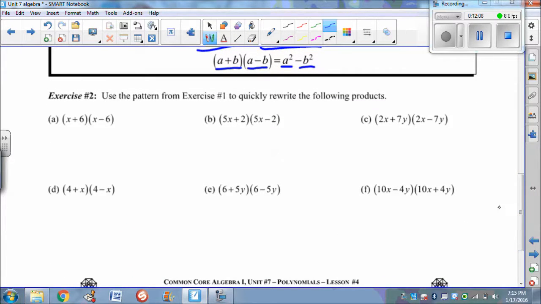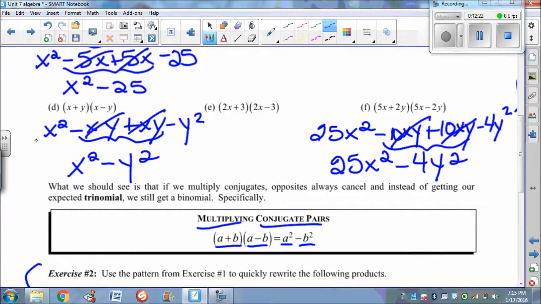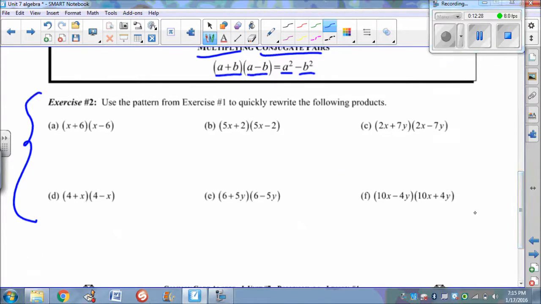And then, once you write that down, I would love for you to try these. Once you see that pattern, I want you to go from the problem to the answer. You don't even need to show this in-between step. All right, so let's go ahead and flip that over.